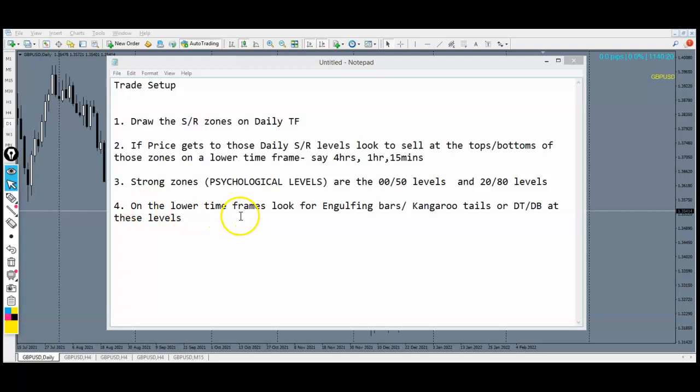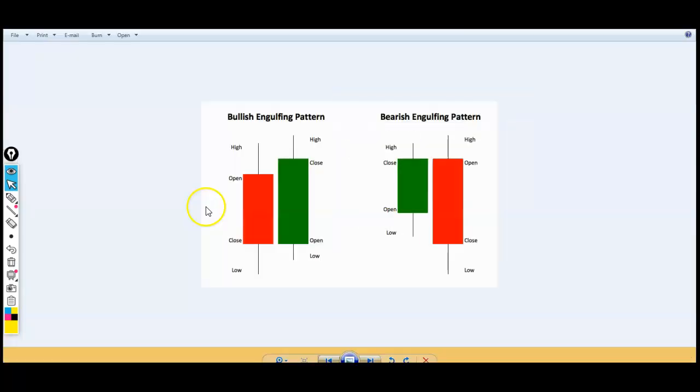And then on these same lower time frames, we look for engulfing bars and kangaroo tails. So as a refresher, let's look at what engulfing bars and kangaroo tails are. This is a bullish engulfing bar.